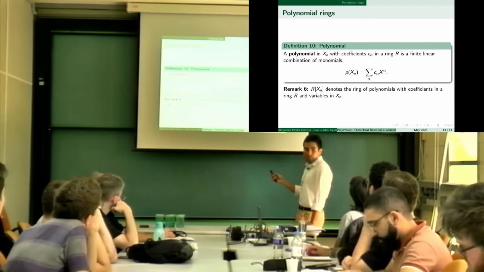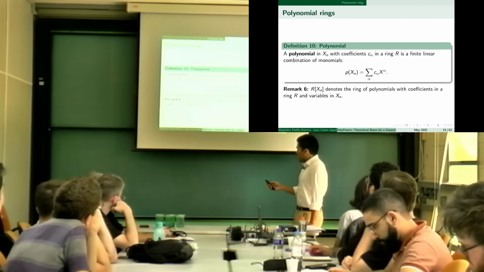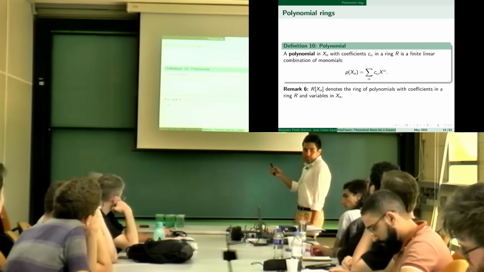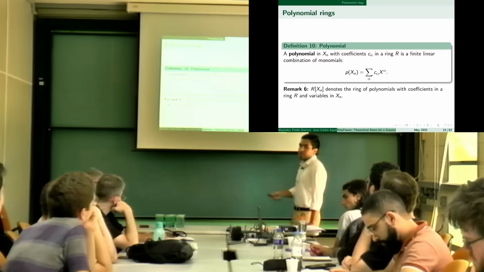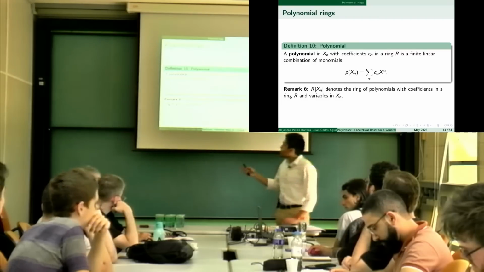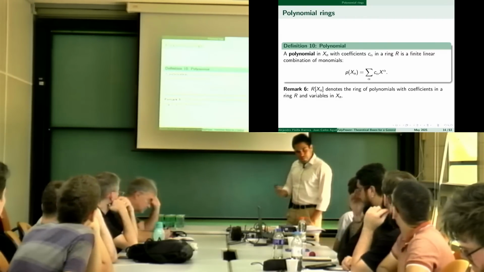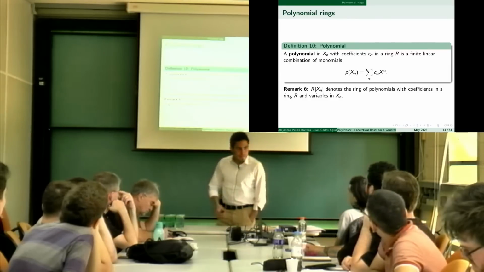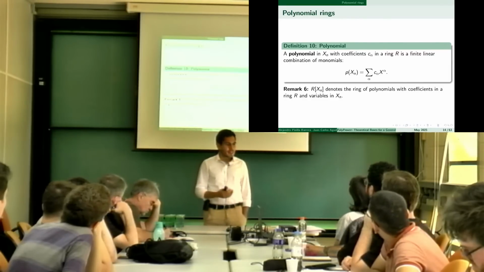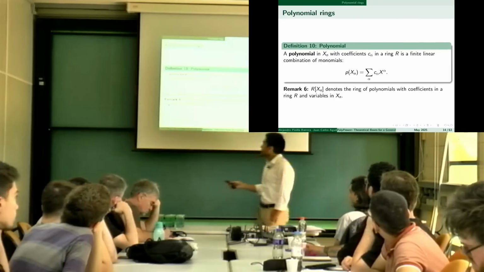So the idea is basically that when we take these coefficients in R, keeping the monomials with these coefficients inspires the creation of what we call the ring of polynomials, okay? Which is basically taking the polynomials as a set and considering the addition and multiplication operations inherited from the original ring, right?